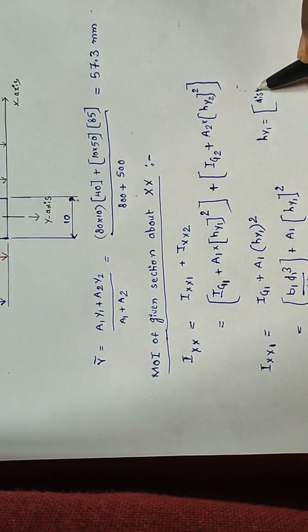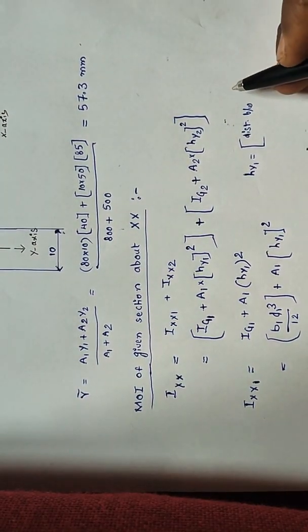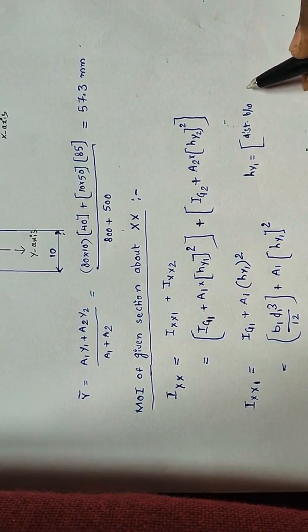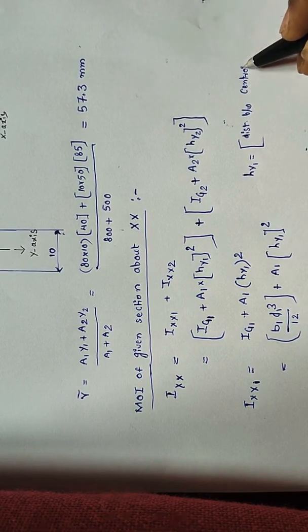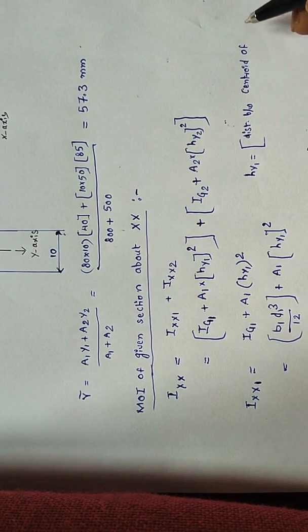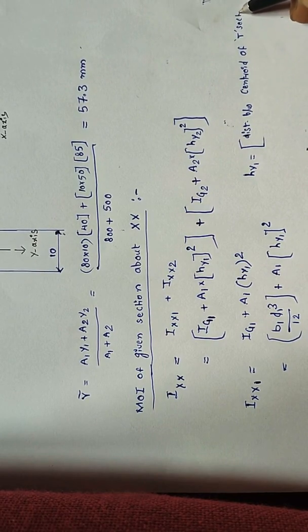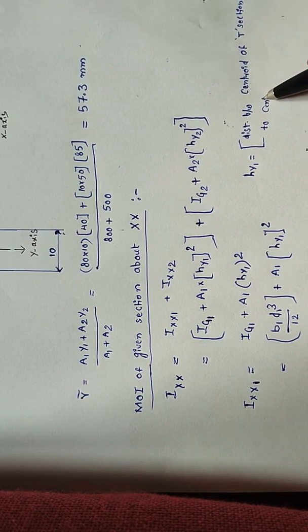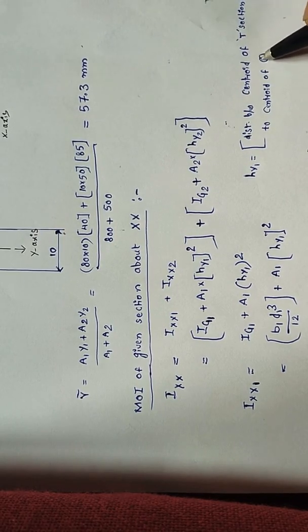the distance between the centroid of the total T section to the centroid of the first element.